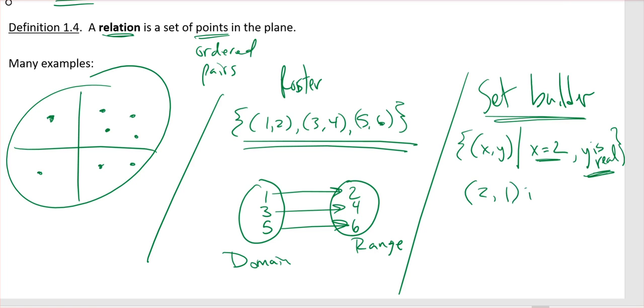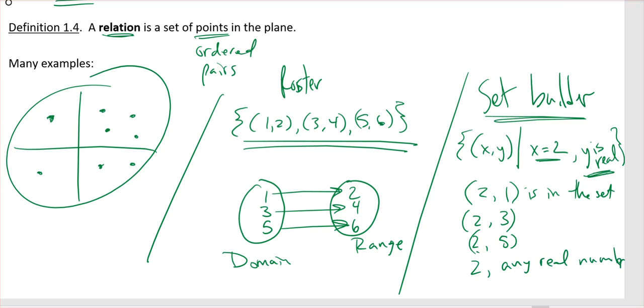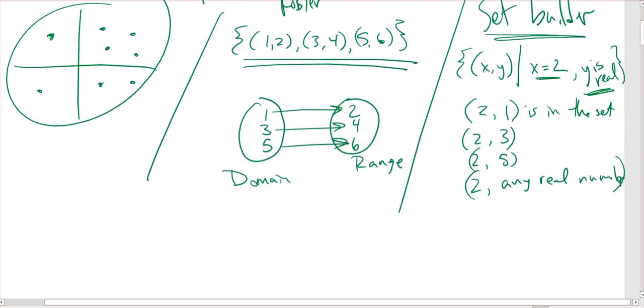That's got to be in the set. We could have 2 and any other real number, right? 3, 2, 5. It doesn't really matter. 2, comma, any real number is in the set.